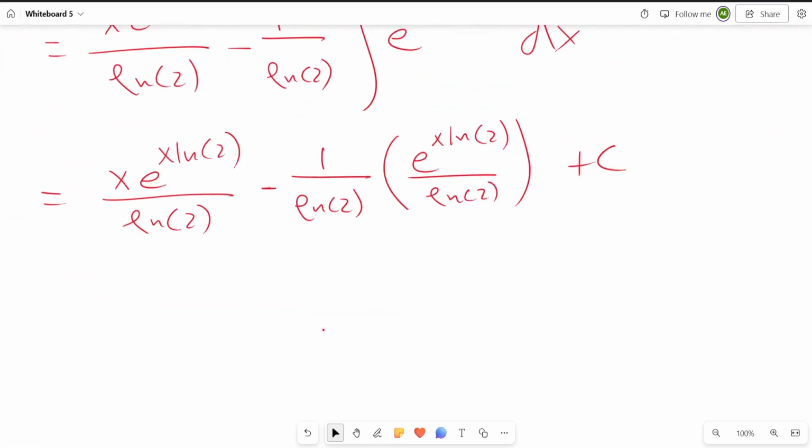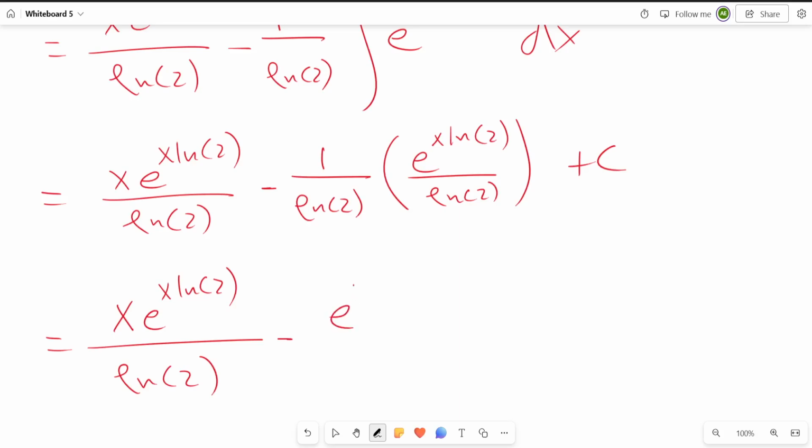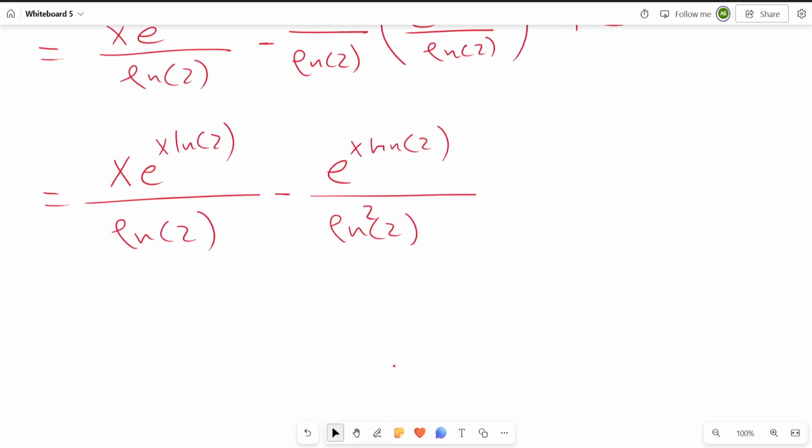So I can multiply these two together just to simplify everything. So let's write the final answer as e power x ln of 2 over ln of 2 minus e to the x ln of 2 over ln of 2 squared. So this is basically the final answer.